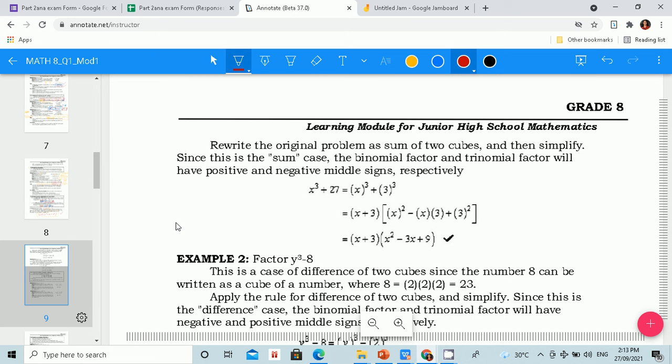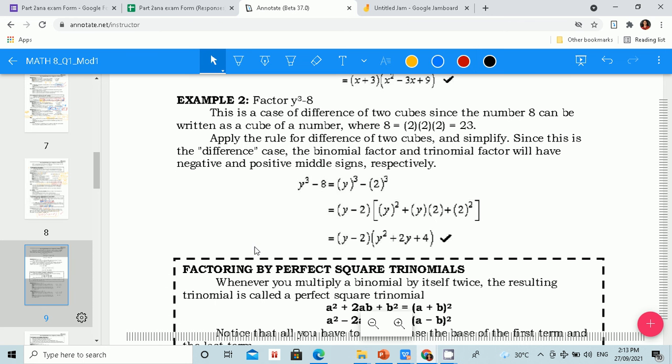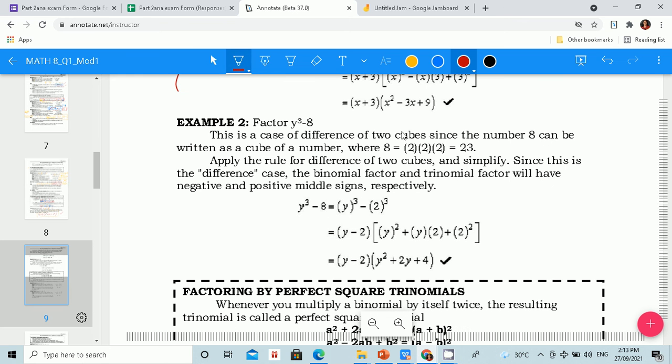Okay, so we have factor y cube minus 8. When we factor y cube minus 8, what is the cube root of 8? That is 2. So let's write y cube minus 2 cube. 2 times 2 is 4 times 2, that's 8. This is your a and this is your b.